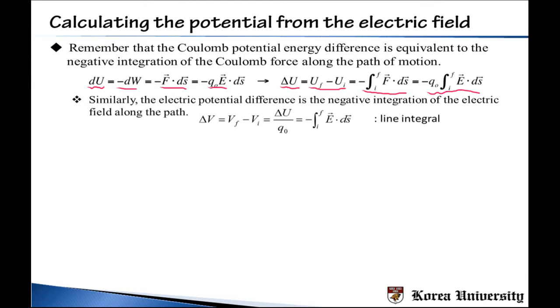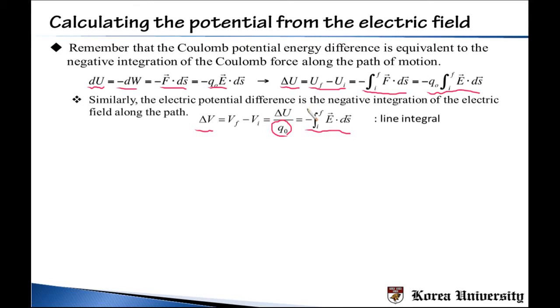How do we get the potential difference from the potential energy difference? Simply divide it by the test charge, so that it becomes independent of it. Dividing the above equation by Q naught, we get the potential difference, which is the negative integration of the electric field along the path from the initial position to the final position.